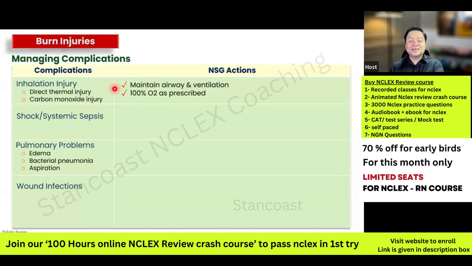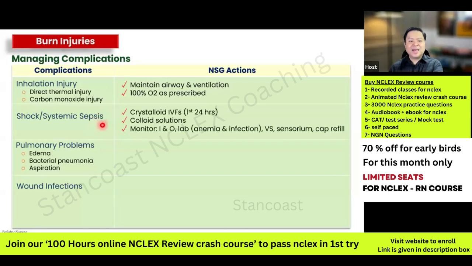Stridor is a big sign that there is narrowing of the main airways. And so we have to check the patient's oxygen saturation, and as needed and as prescribed, administer 100% oxygen or titrate the oxygen concentration as ordered.